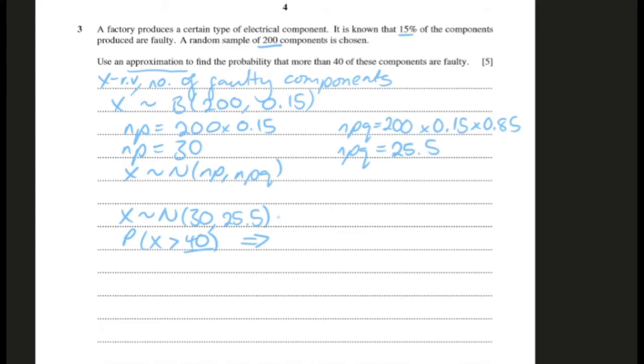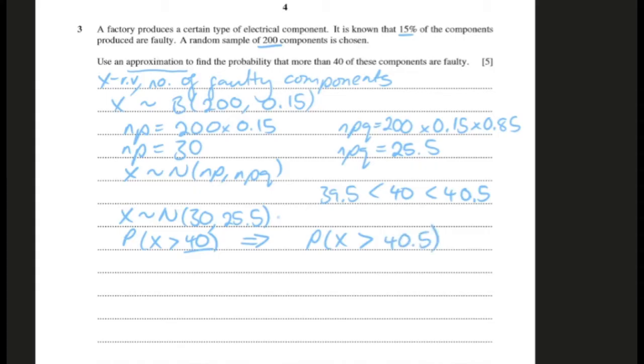Since 40 in a discrete distribution is exactly 40, but in a normal distribution, 40 actually represents any value from 39.5 up to 40.5. So if we apply continuity correction, we're looking for values of x that are greater than 40, not inclusive of 40. We want to exclude 40, so we're starting at 40.5.